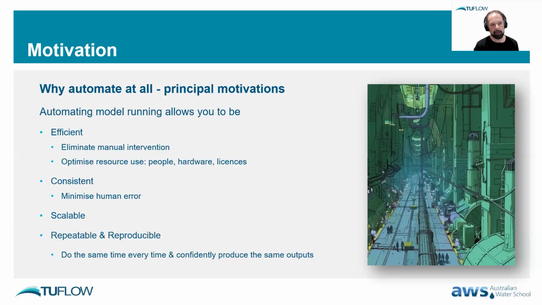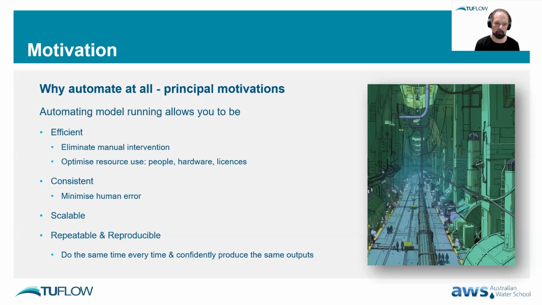And then finally, automating a model run allows you to be more repeatable and reproducible. Those sound similar, but repeatability is really about knowing that whenever you run it, it does the same thing again. So you know what happens is the same thing. That kind of gets back to not making mistakes. But it's also, if you need to reproduce a problem, it tends to be easier if you're doing it through an automated fashion.